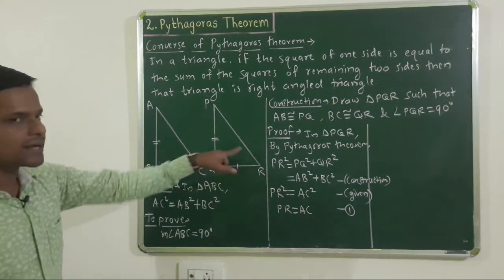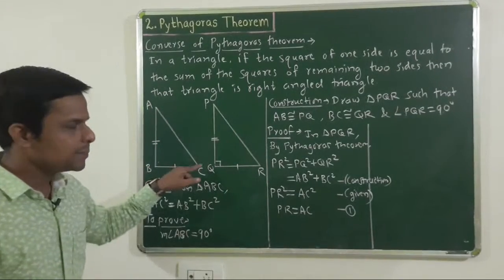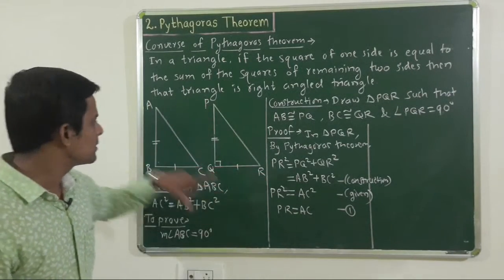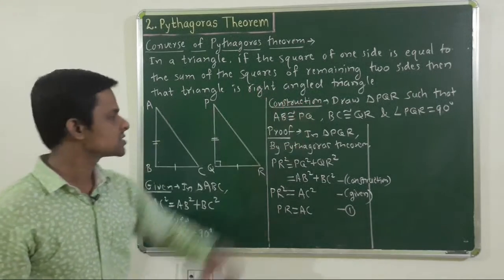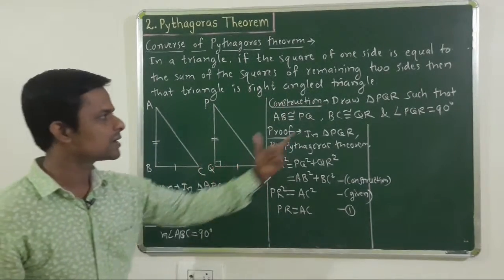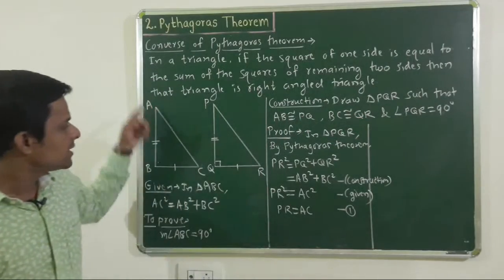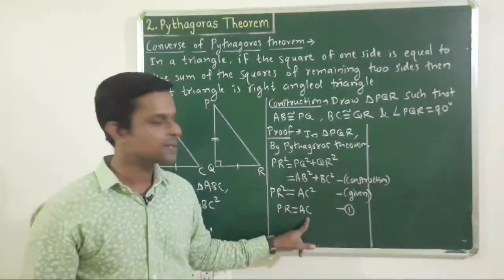Now in these two triangles, that is in triangle ABC and triangle PQR, AB is congruent to PQ, which is according to construction. BC is congruent to QR, again construction, and AC is congruent to PR from statement number 1.